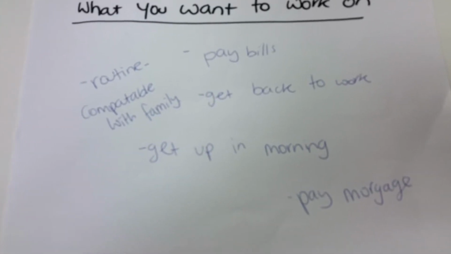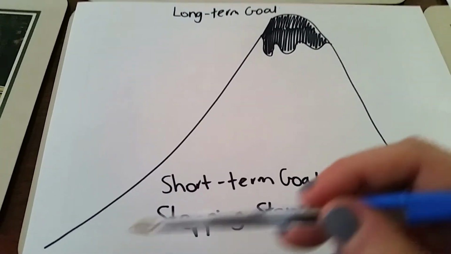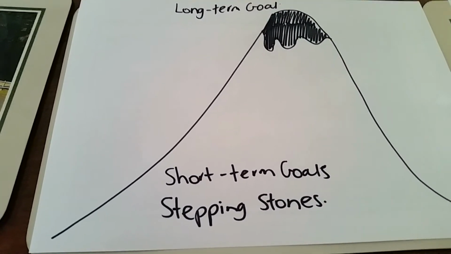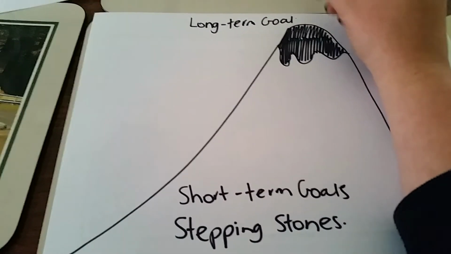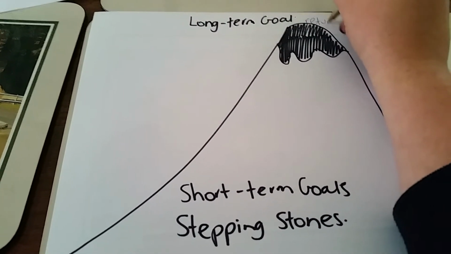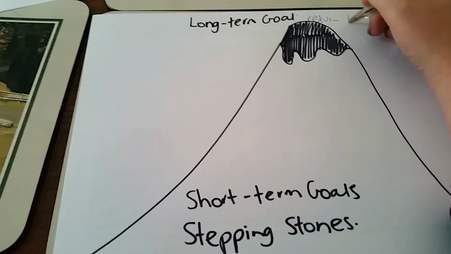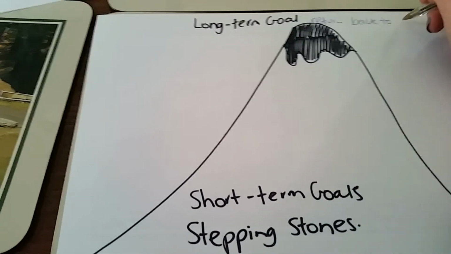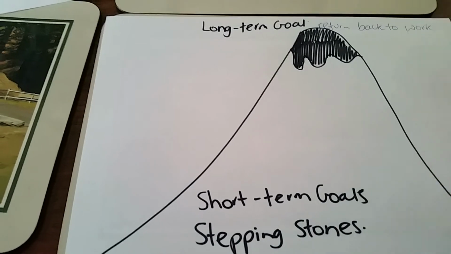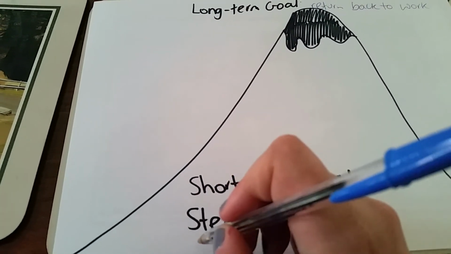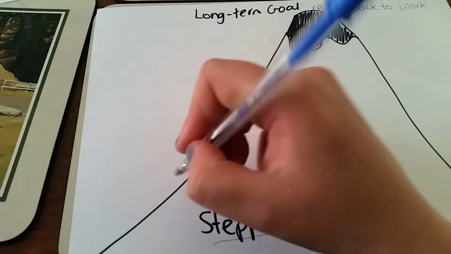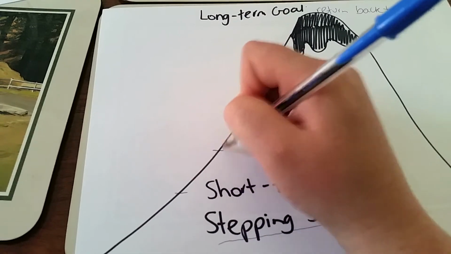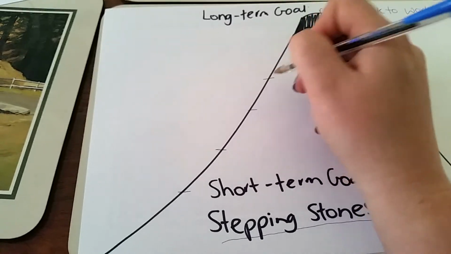Yeah. So, I can see by all the things you've said is majority of the time, all of the things you want to work towards is to returning you back to work. Yes. So, say that returning back to work is like a mountain that we have to climb. Back to work is at the very, very top of the mountain. Yes. Yeah. But to get to the top of the mountain, it's going to take a very, very long time, and we may not be able to achieve it through our therapy that we're doing.